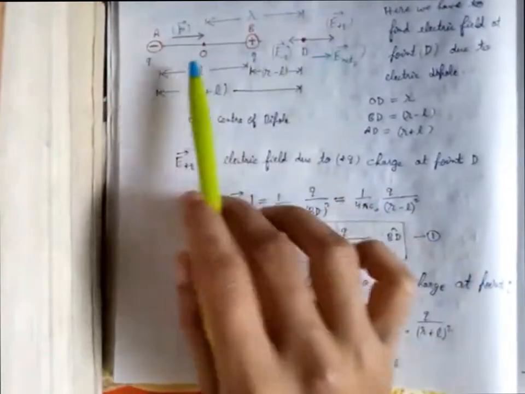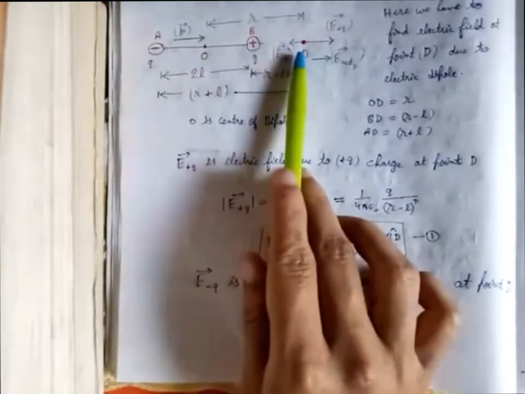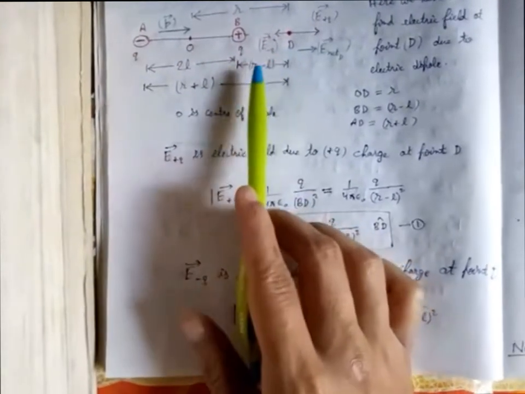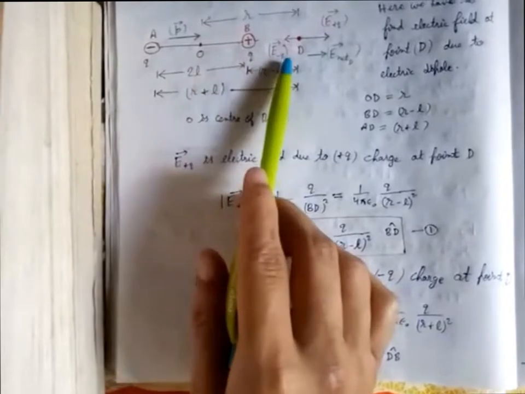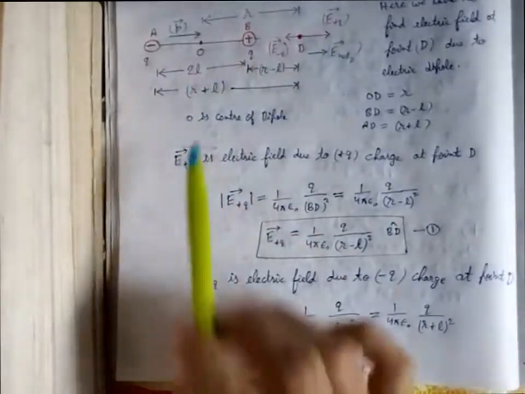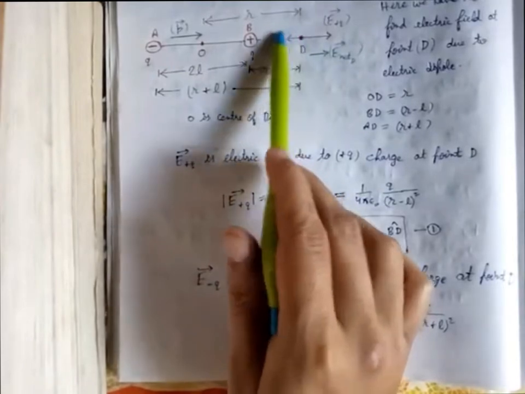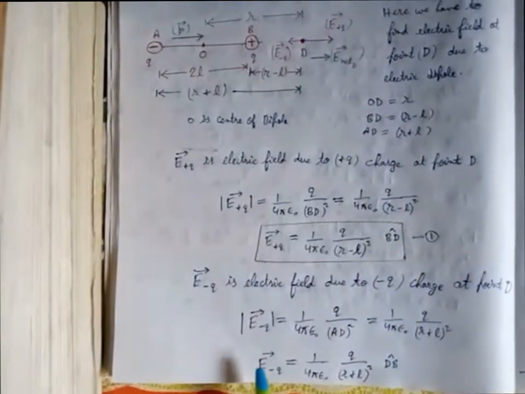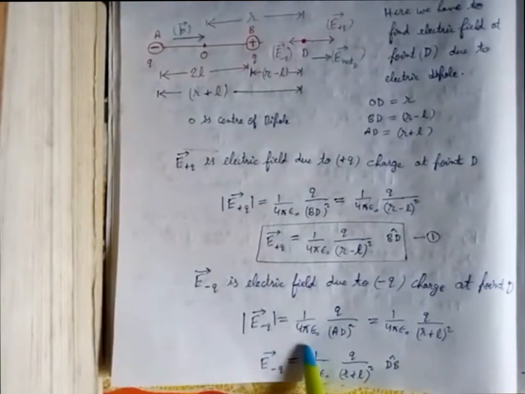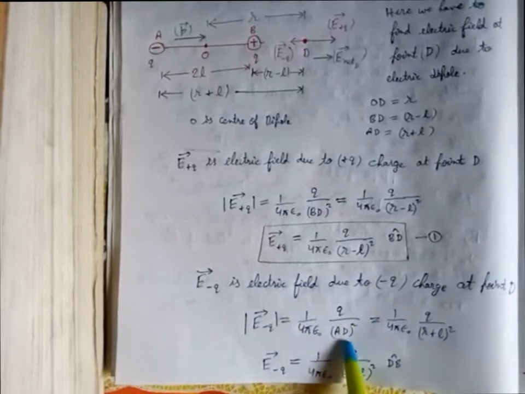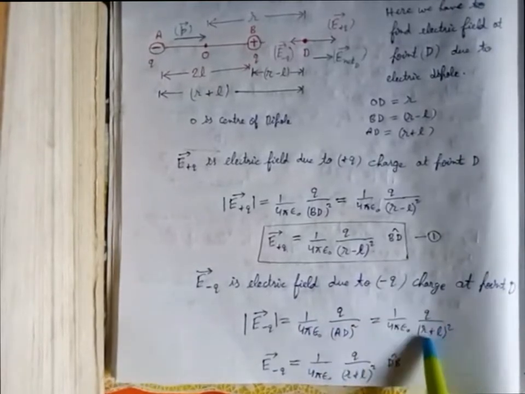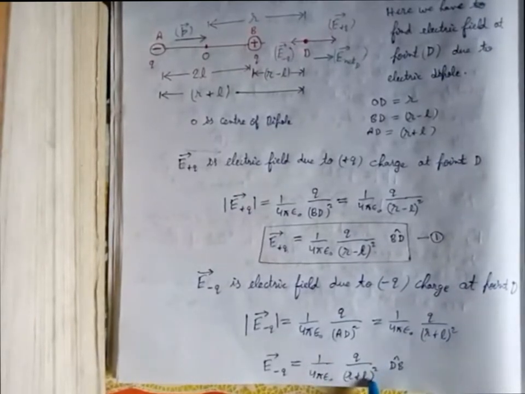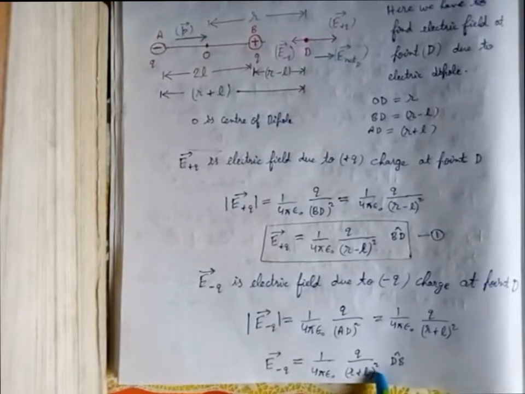And we know that as the distance increases, the electric field decreases. So the magnitude of electric field due to minus Q charge is less than that due to plus Q charge. Now E of minus Q will be 1 by 4 pi epsilon naught Q by AD square, that is 1 by 4 pi epsilon naught Q by (r plus L) whole square.